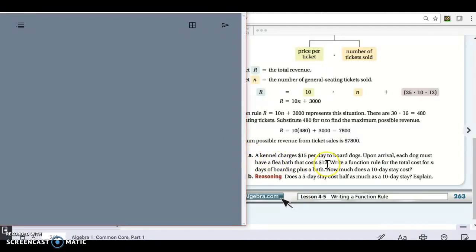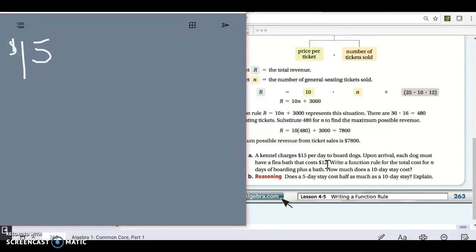Okay, so let's talk about what they have. The kennel charges $15 per day. So we have 15 per day. Upon arrival, each dog must have a flea bath for $12. Okay, so flea bath.